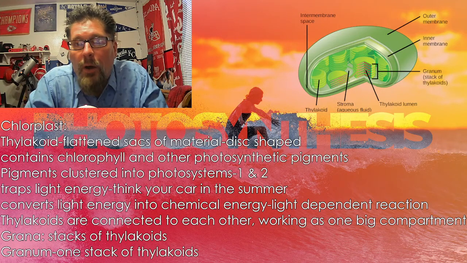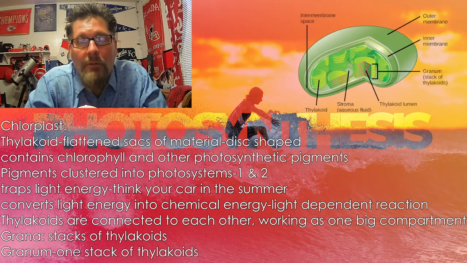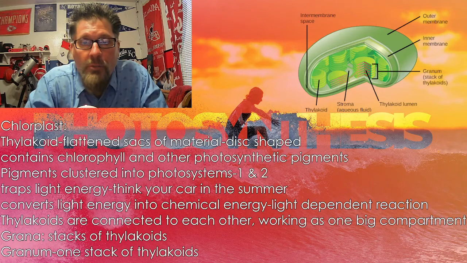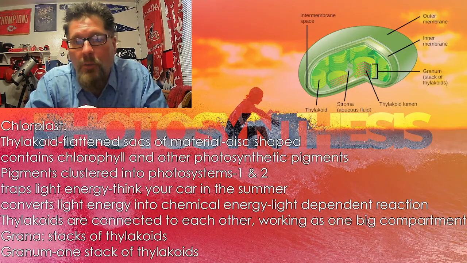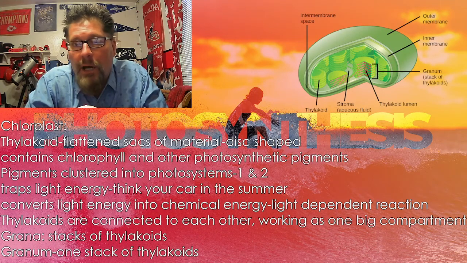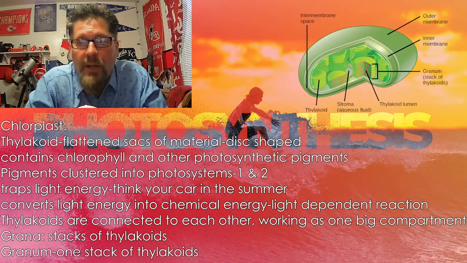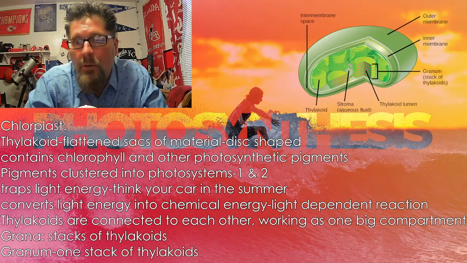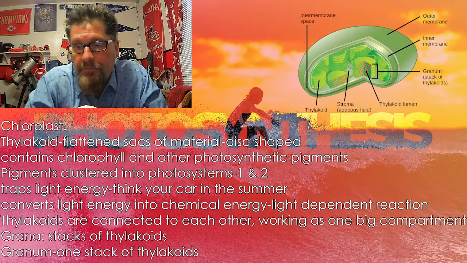Now the whole process of photosynthesis occurs inside of the chloroplast. Unlike cellular respiration, which began outside of the mitochondria and worked its way inside, everything happens inside of the chloroplast. But you've got those flattened disc-shaped objects, the thylakoids, and of course they're stacked, and they're also connected to each other.